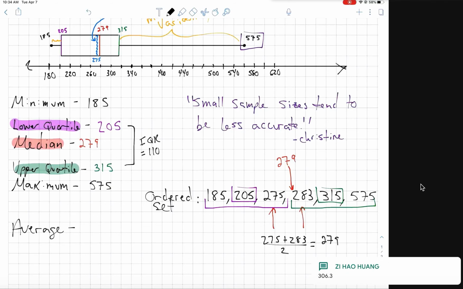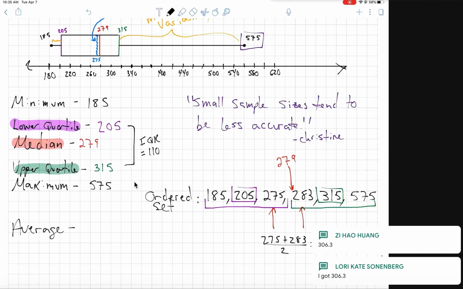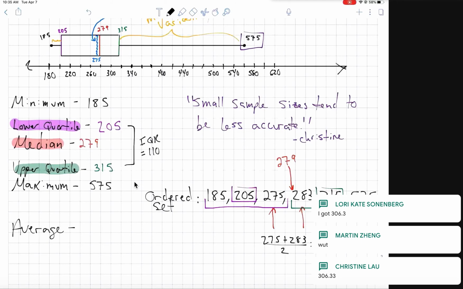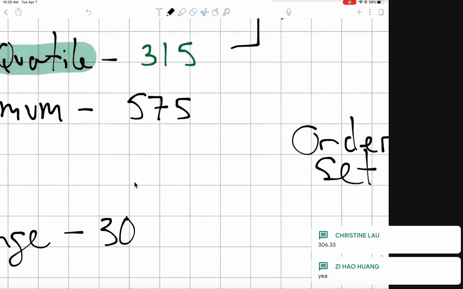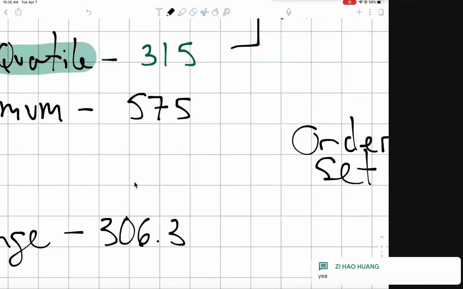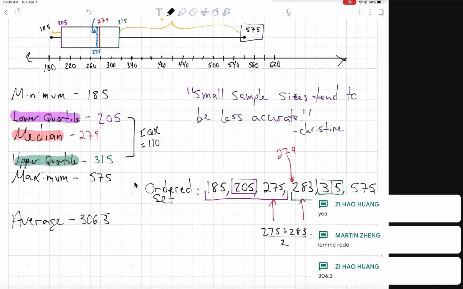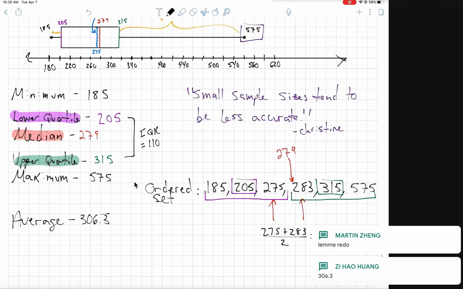Yeah, Zihao, you're correct. So I'm wondering where the 275.5 came from. It's 306 1/3. Remember, there are 6 data points.